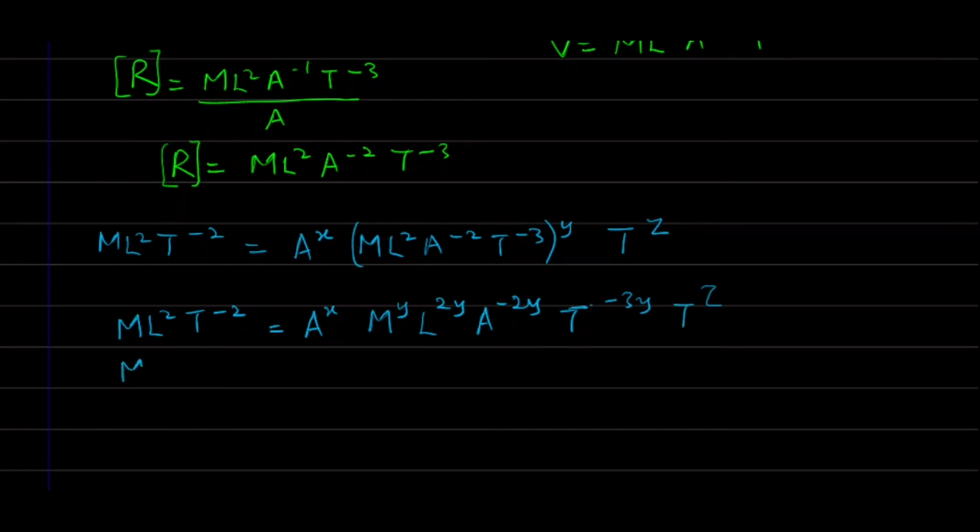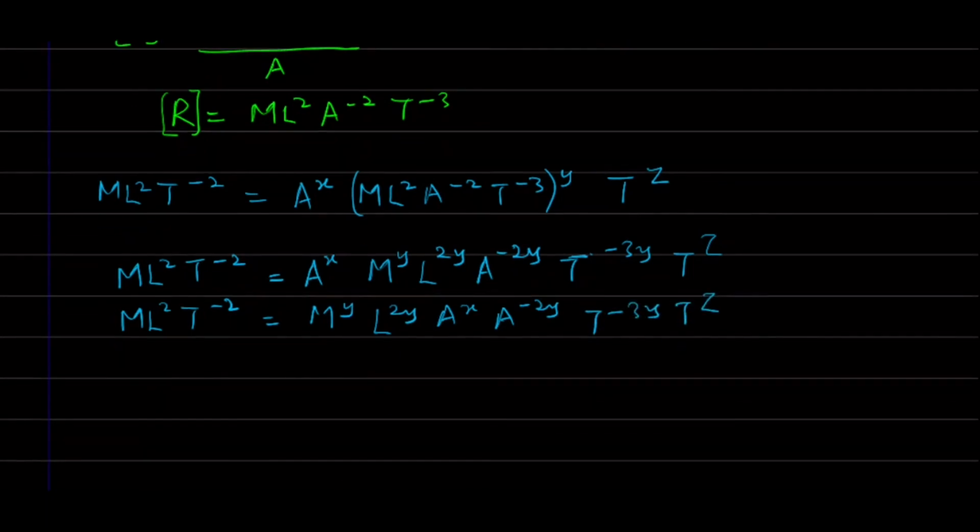That gives us ML²T⁻² equals M^y, L^2y, then A^x, A^-2y, then T^-3y, and T^z. The arrangement doesn't really matter, we can arrange it anyhow.